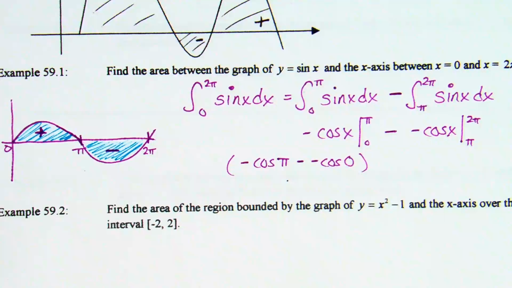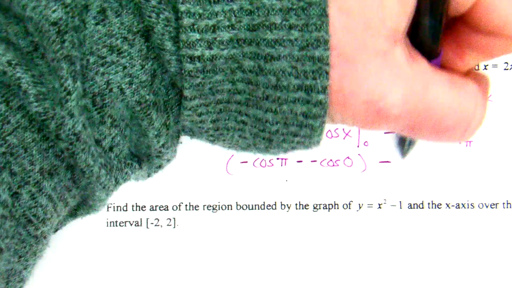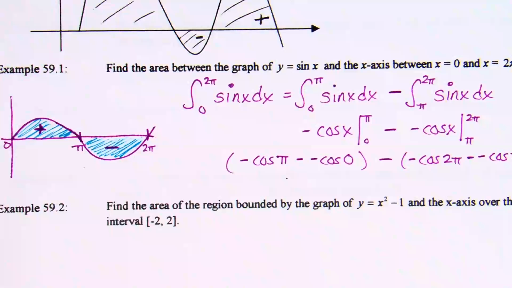I'll come back and do that in a moment. And then it's minus the next one, which is negative cosine of 2 pi minus negative cosine of pi.